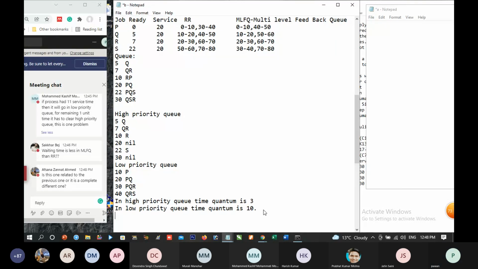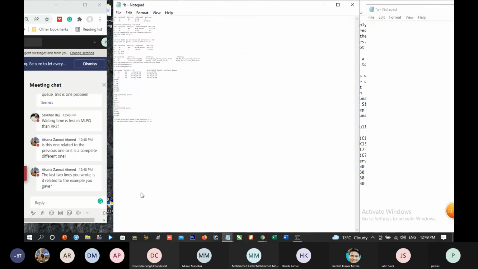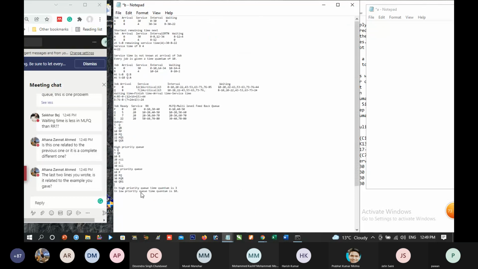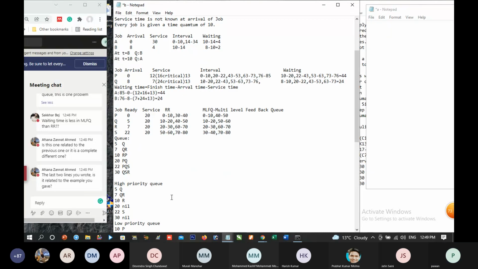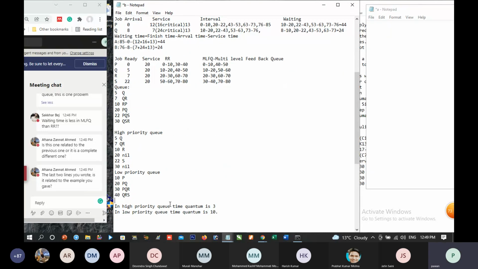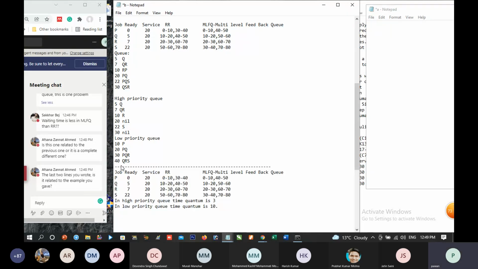Now, let us see. The last 2 lines are the new example. The new example starts from here.